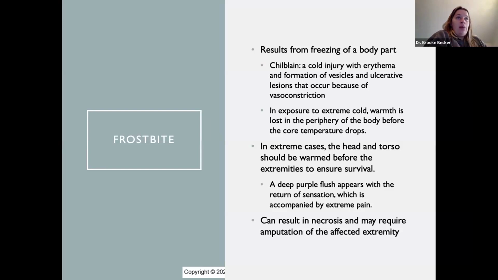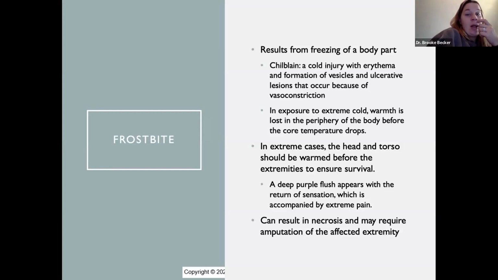But obviously, as people and kids are outside for longer in those extreme conditions, eventually the core temperature will also start to drop. Okay. So the head and the torso should try to be warmed first to ensure survival.